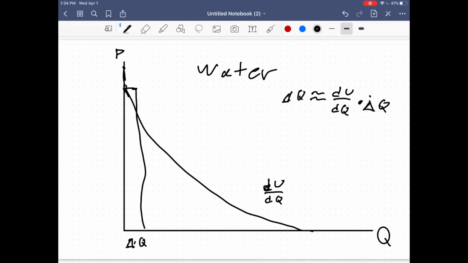So now, could you gain by buying an extra very small quantity delta q of water?